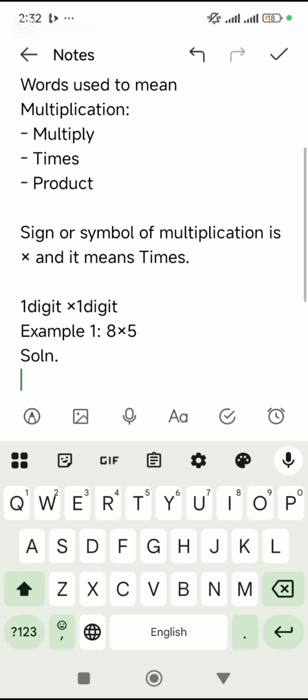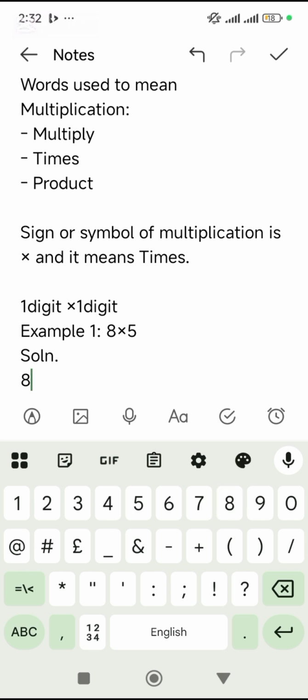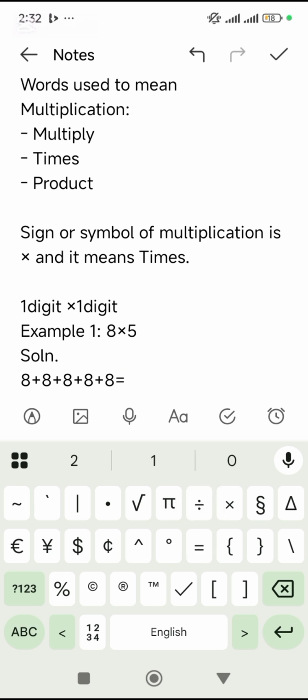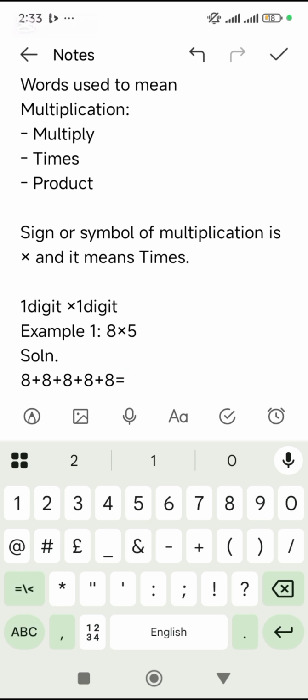So 8 times 5 is saying two things. You can have 8 plus 8 plus 8 plus 8 plus 8, in 5 places. 8 plus 8 is 16, plus 8 is 24, plus another 8 is 32, plus 8 is 40.